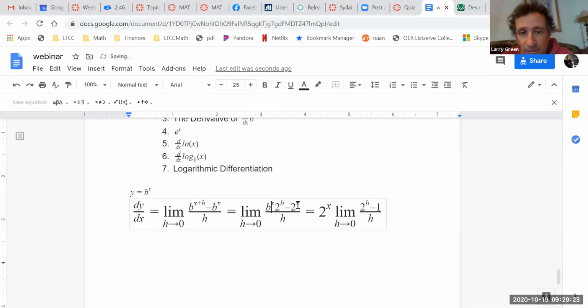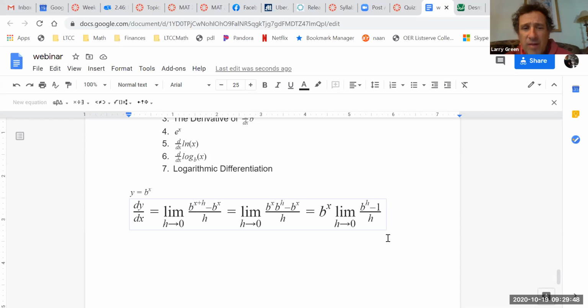Where b stands for base. So nothing's changed. I'm just making it a little more general so we can think about it now. So we now have b to the h minus 1 over h. Any questions on that?